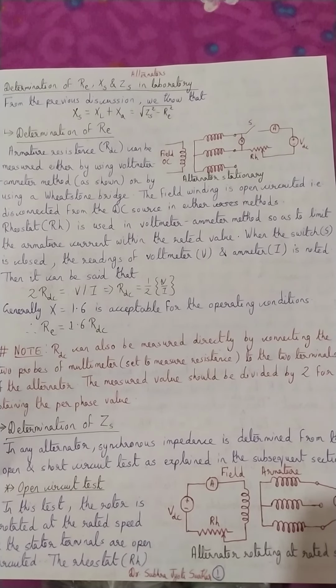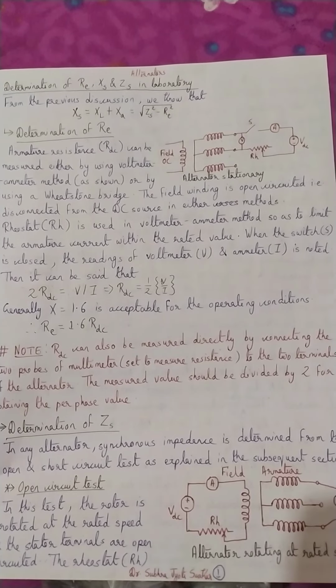So what we can know basically is that this Zs will be nothing but Re plus jXs.